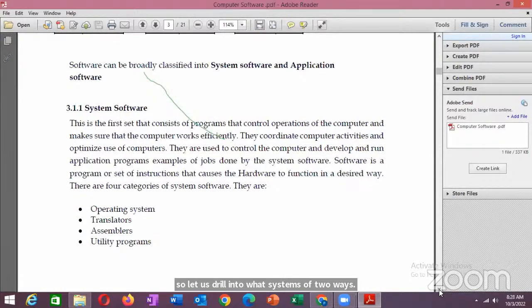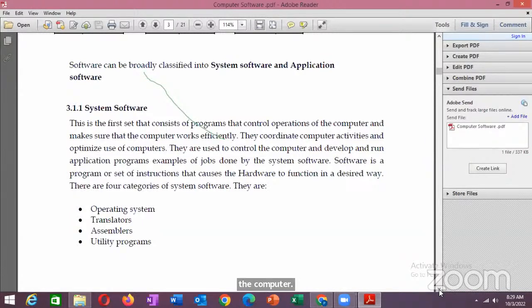This is the first set that consists of programs that control operations of the computer and make sure that the computer works efficiently.